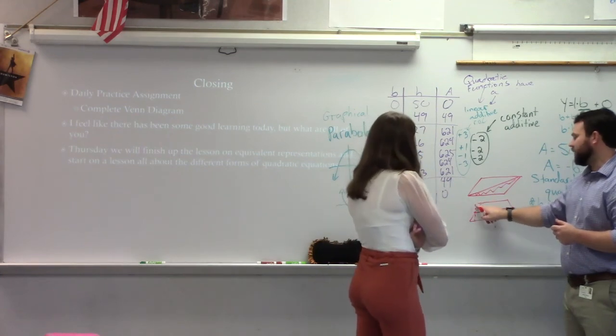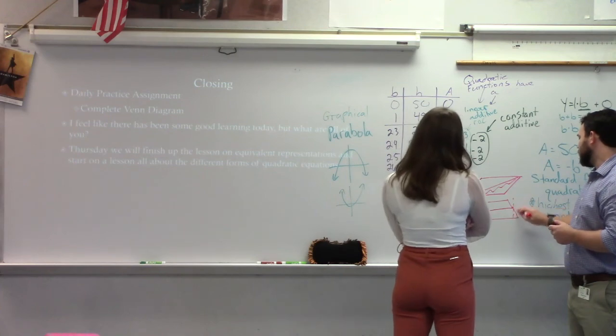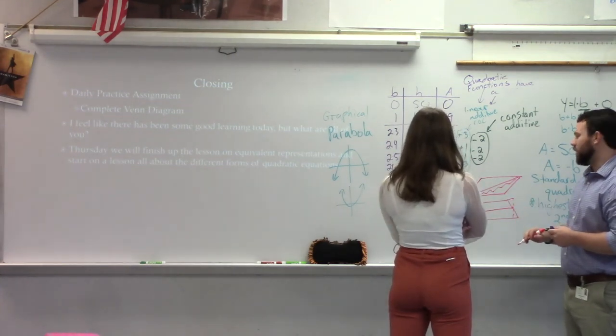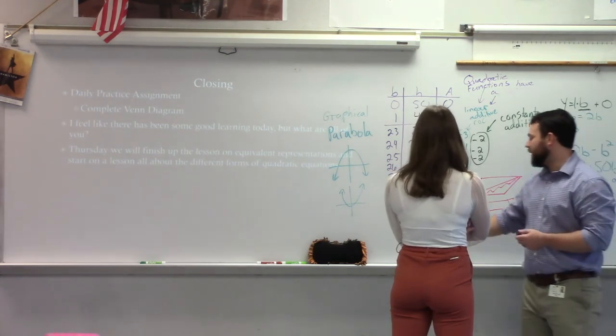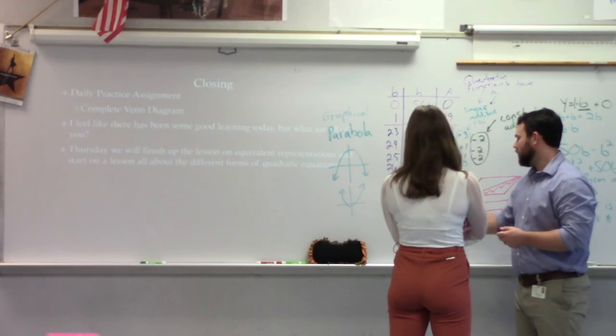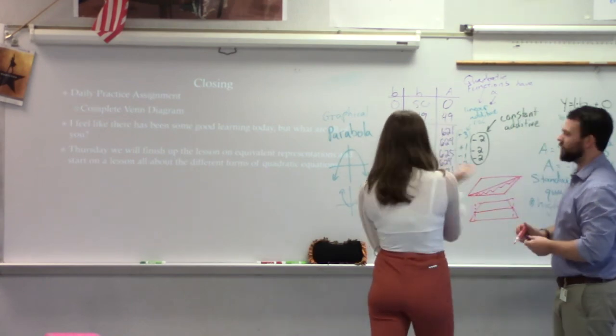That triangle perfectly fits into there, and that triangle perfectly fits into there, creating again a rectangle, so base times height, and that even carries over into volume. You take the area of the base and you multiply by the height.